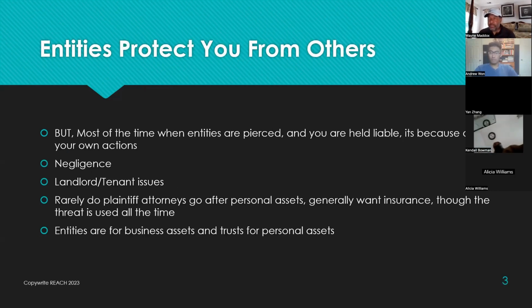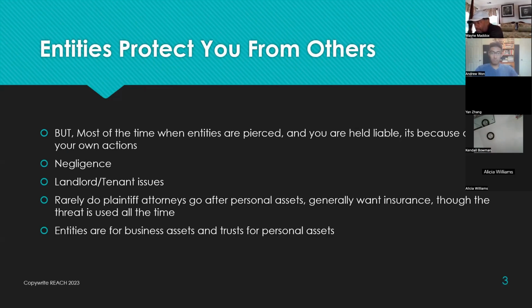I want to talk just a little bit about what entities do. Entities are supposed to protect you from others. But most of the time, when an entity is pierced, or in other words, a lawyer can get through that and get to your personal assets, it's because of your own actions.